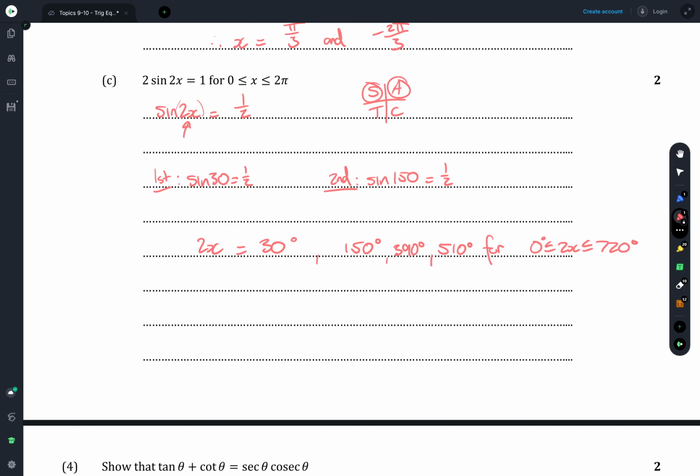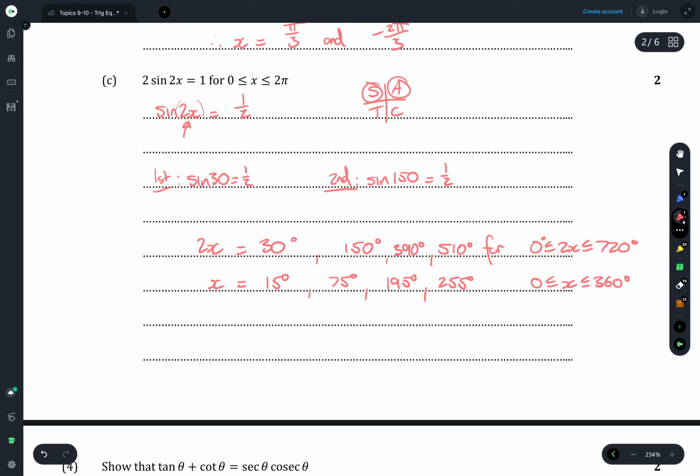So what I can now do is divide each of these answers by 2. So I then have 15 degrees, 75 degrees, 195 degrees, and 255 degrees. So this is for when x is between 0 and 360 degrees.